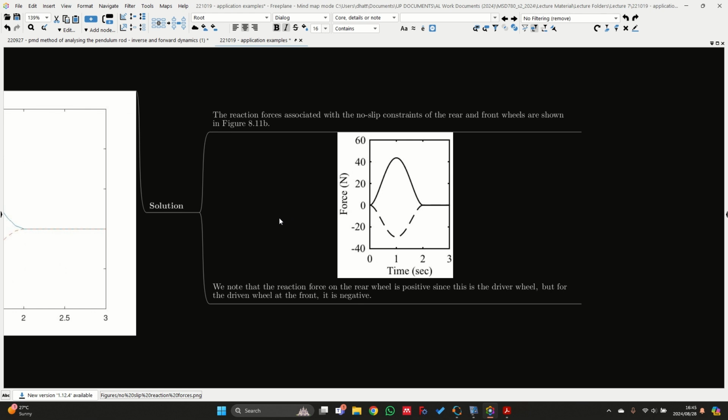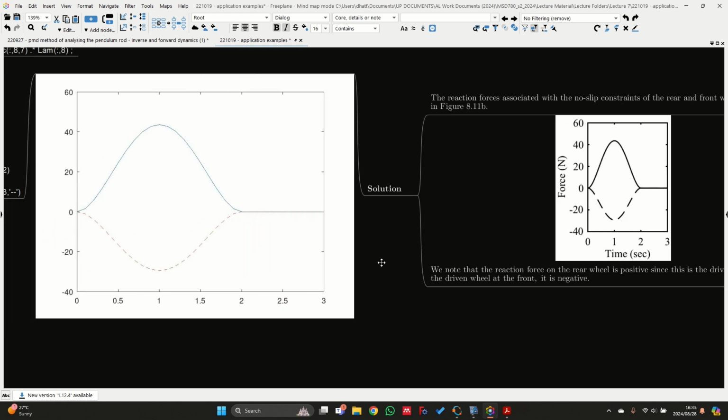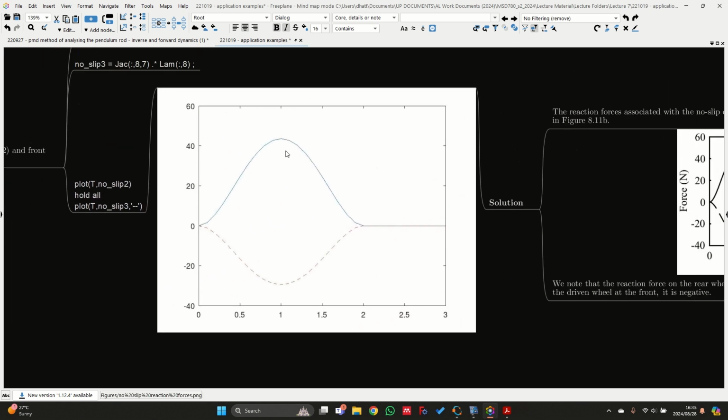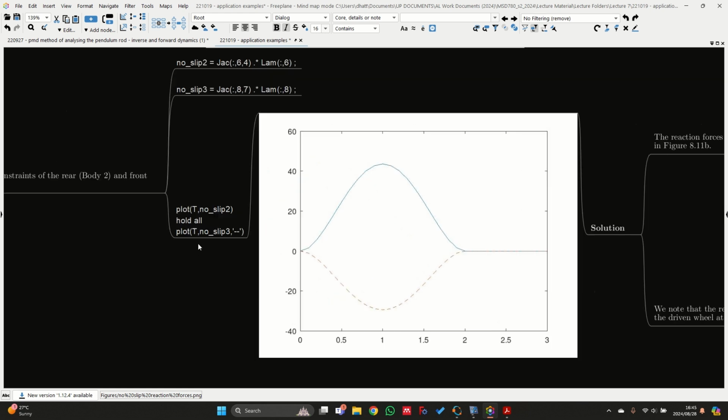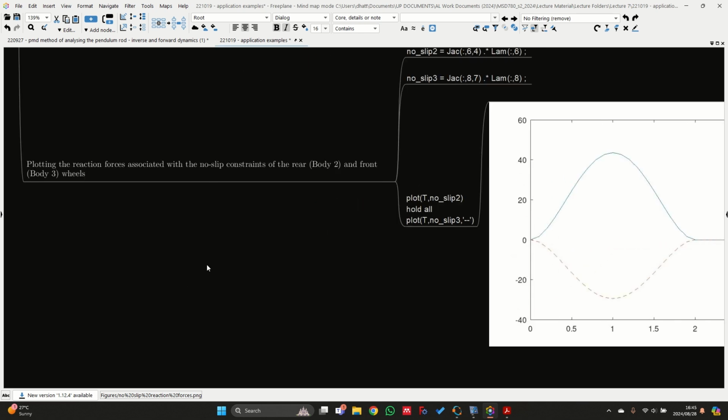Okay, so we note that the reaction force on the rear wheel is positive since this is the driver wheel, but for the driven wheel at the front, it is negative. Okay, so this is basically what this graph tells us over here. And that is why we also wanted to compare no slip 2 to no slip 3.